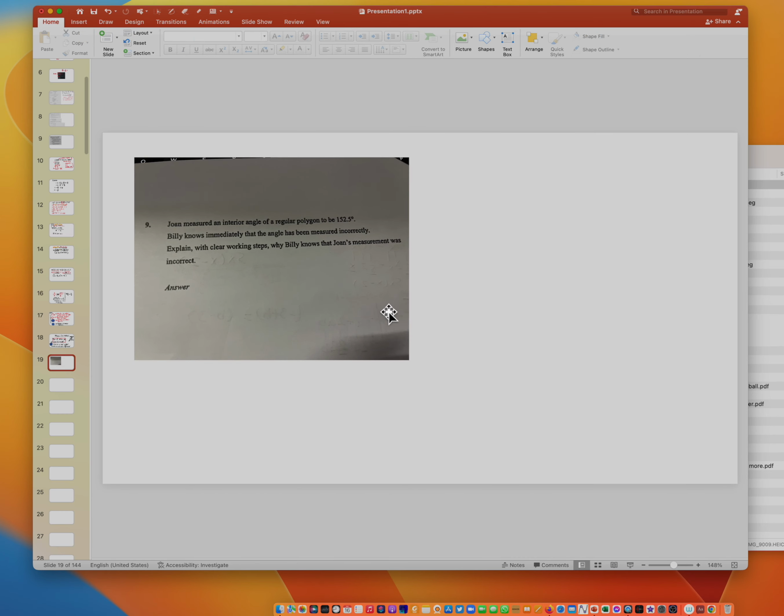Okay, it says the measure of an interior angle of a regular polygon is 152.5. So one of them is this.